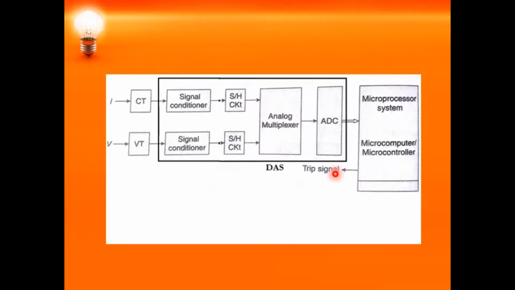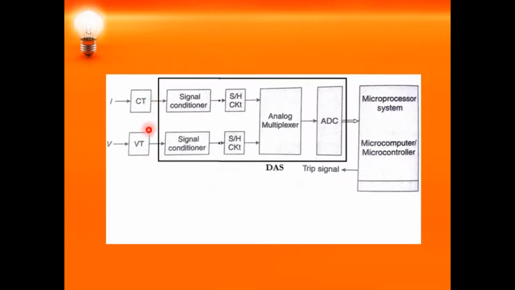This is the general block diagram of any numerical relay. The only thing is the processor will change. If you see here, the levels of the voltage and the current which are being measured are reduced by the current transformers and voltage transformers.